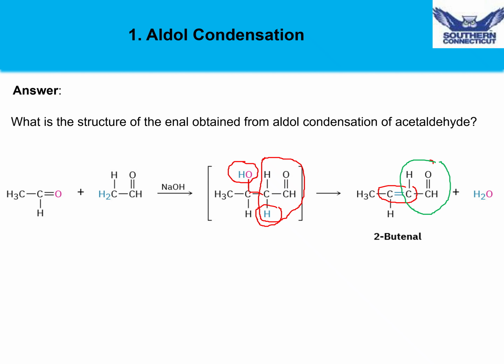This is acetaldehyde, and drawing a double bond from the alpha position, which is where the enolate forms, to the carbon of what is the carbonyl carbon in one of these aldehydes. So instead of having a carbonyl, we have a double bond there joining the two acetaldehyde molecules. And then we just draw a methyl group and a hydrogen, just like we have in acetaldehyde, which is a hydrogen and a methyl group.